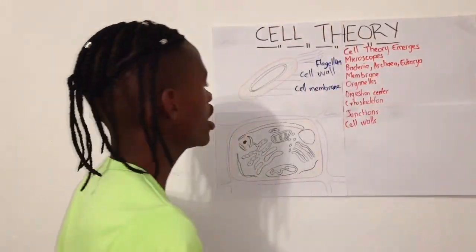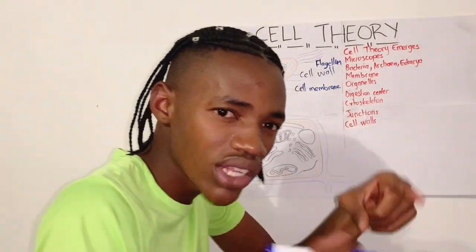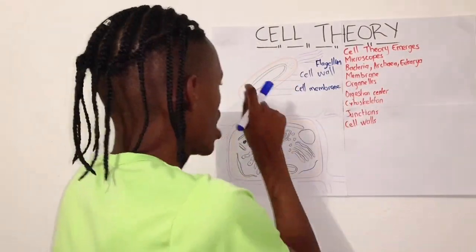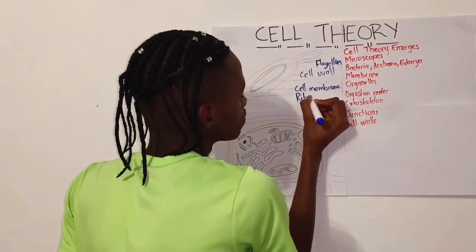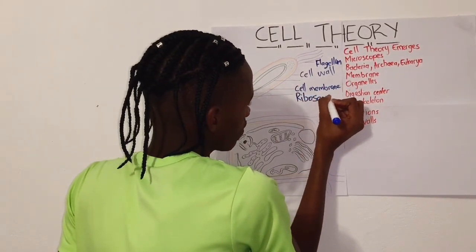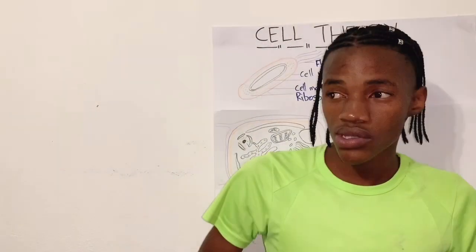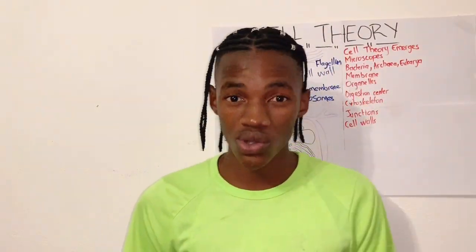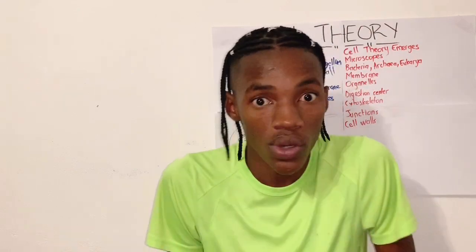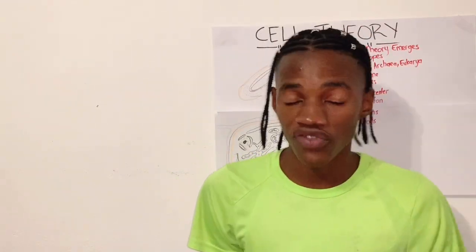And then from there we have these little mini dots, and these little mini dots are called ribosomes. To me, ribosomes are literally the second most important after DNA, because ribosomes produce proteins, and proteins are needed by each and every cell for the cell to function.